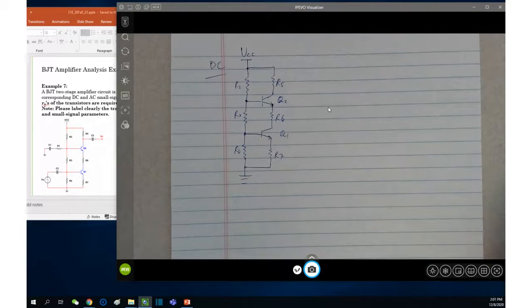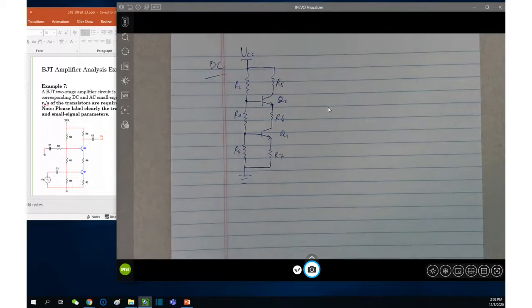So basically, by counting how many resistors you have from the original given circuit, you can also check your DC circuit or AC circuit. The given circuit goes up to R7, right?